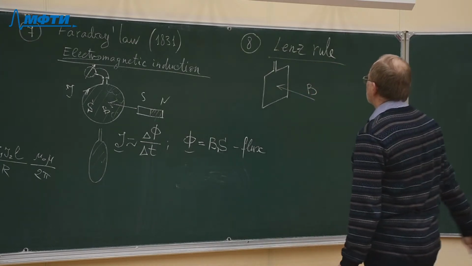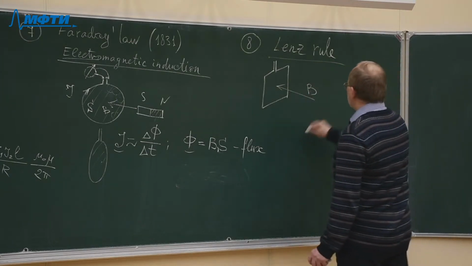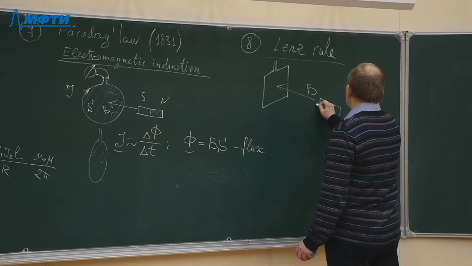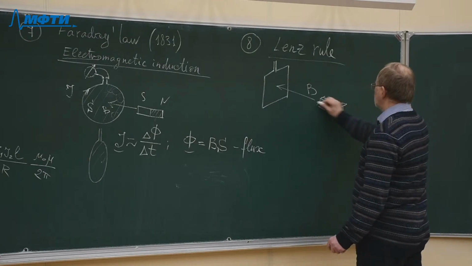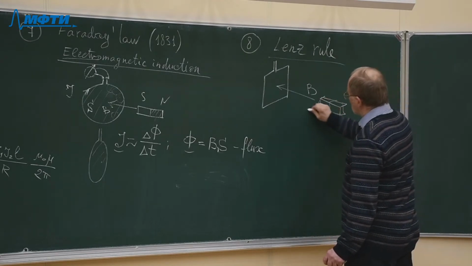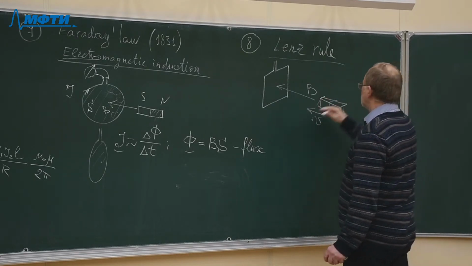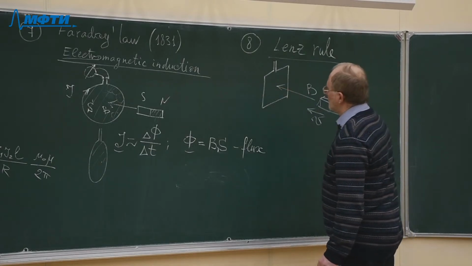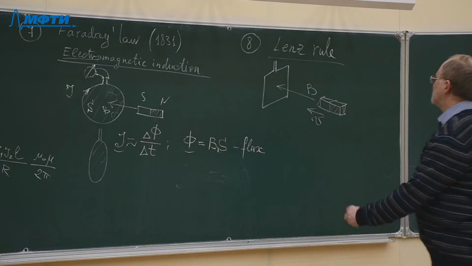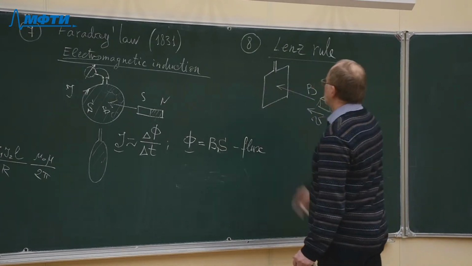And suppose the magnetic field is increasing. It means that we take the magnet bar, and we move this magnetic bar towards the current loop. The magnetic field is increasing.